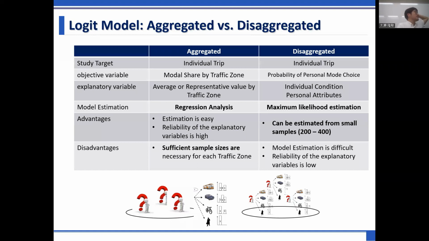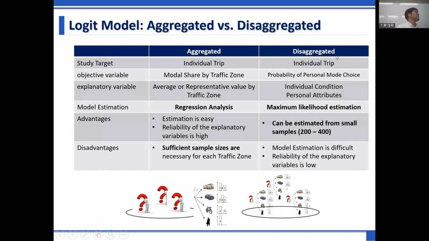And the aggregated model is partly similar to the modal share curve, which I explained in the previous slides. And another large advantage is that the estimation is easy for the aggregated model. However, one of the disadvantages is that sufficient sample sizes are necessary for each traffic zone.